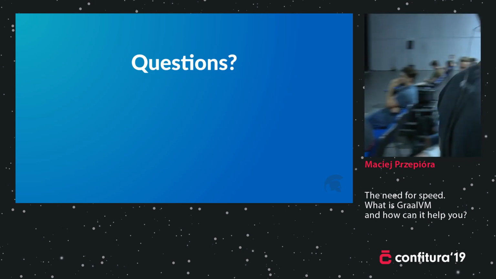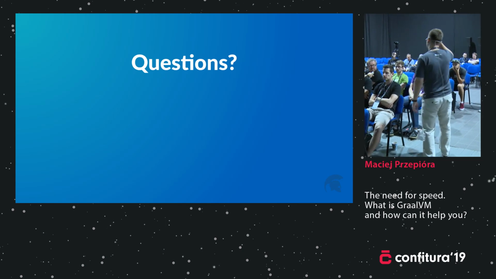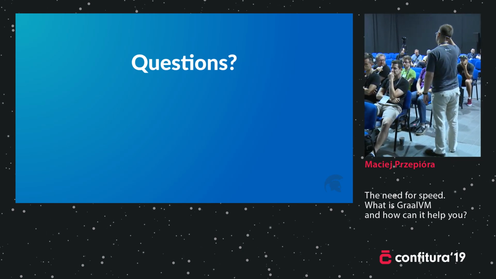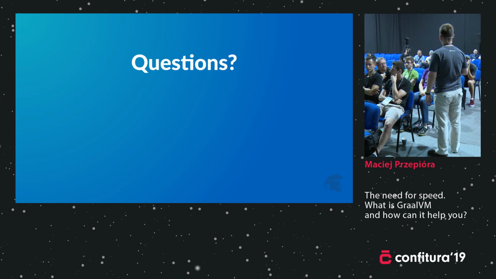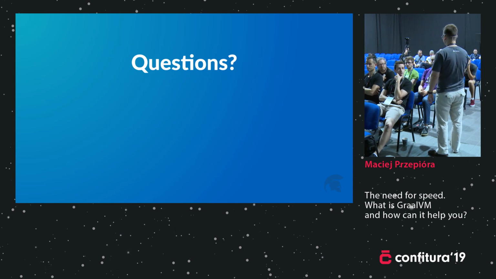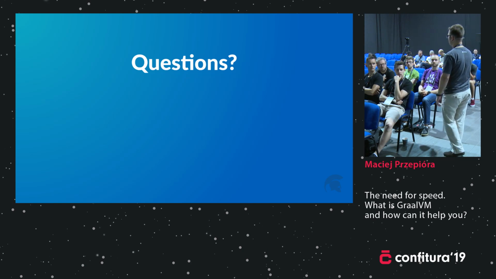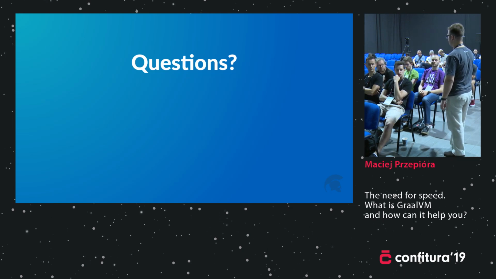Okay, hello, thank you for the presentation. I have a question about profiling of the application. Is there a standard interface for JProfiler or APM software? Again, that depends on whether you want to use the just-in-time compiler or the ahead-of-time compiler. If you use the just-in-time compiler, it's actually even better because you can use VisualVM that comes with the GraalVM JDK.